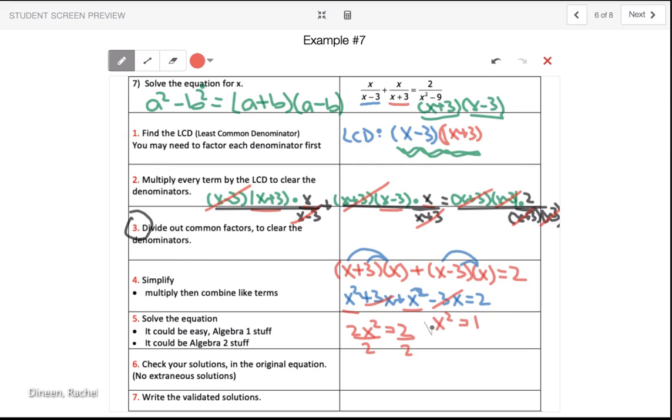Then I'm going to take the square root of both sides. Don't forget the plus and the minus, so x equals plus or minus 1. So we have to check x equals 1, and we have to check x equals negative 1. Before we check our answers, does anyone have any questions?